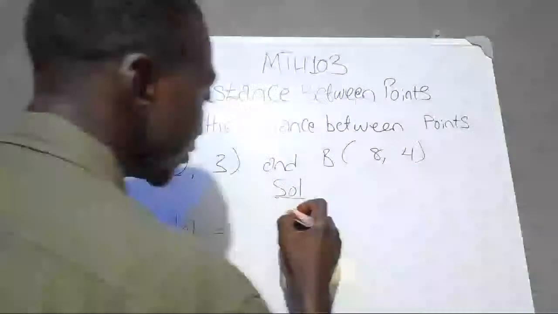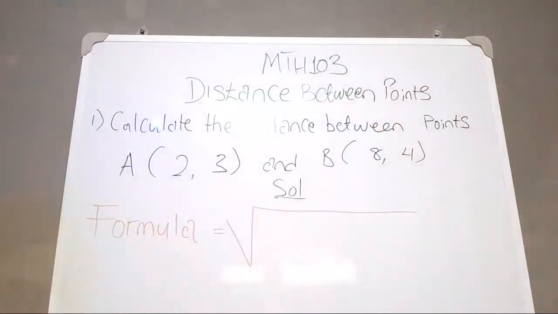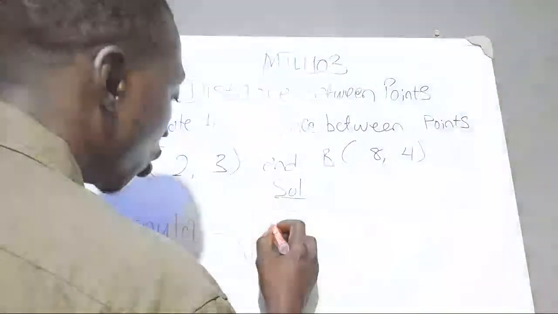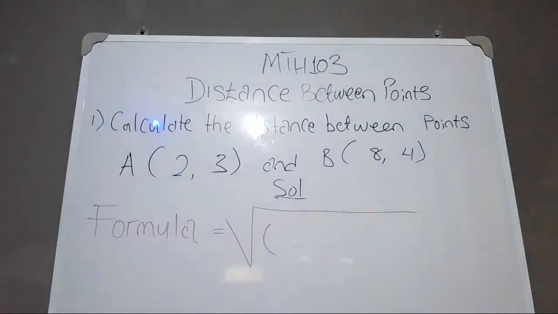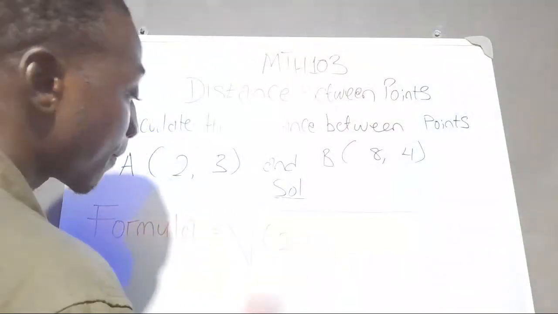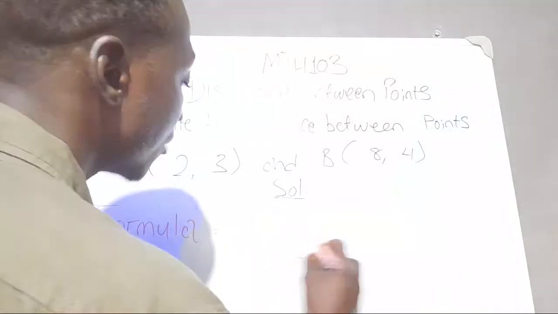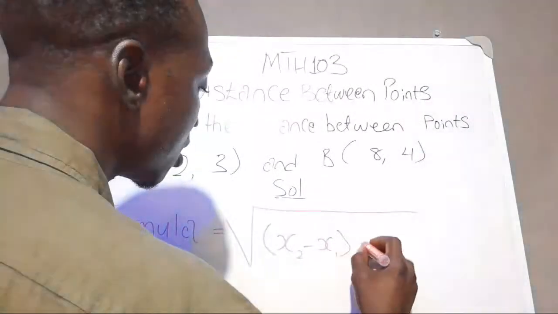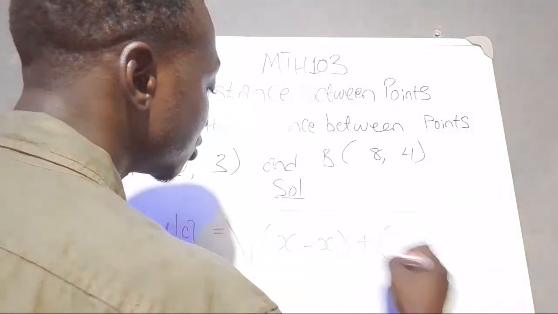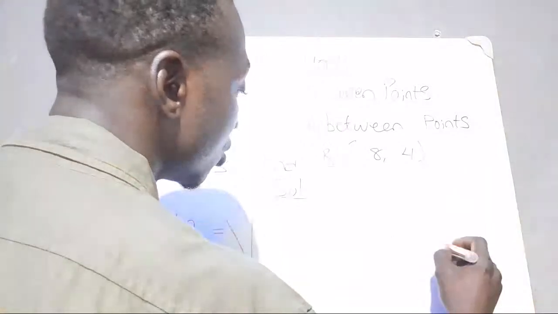We have the square root of open bracket x2 minus x1, plus y2 minus y1.